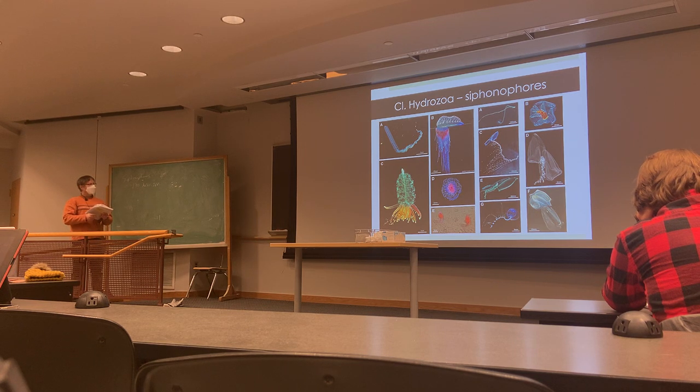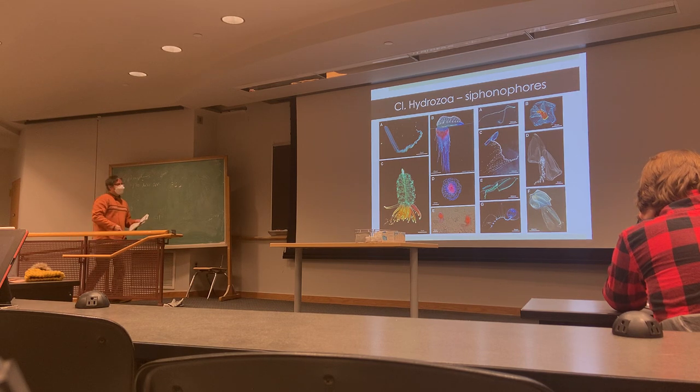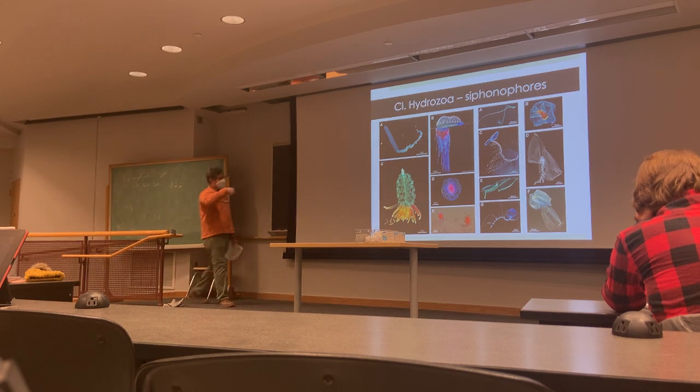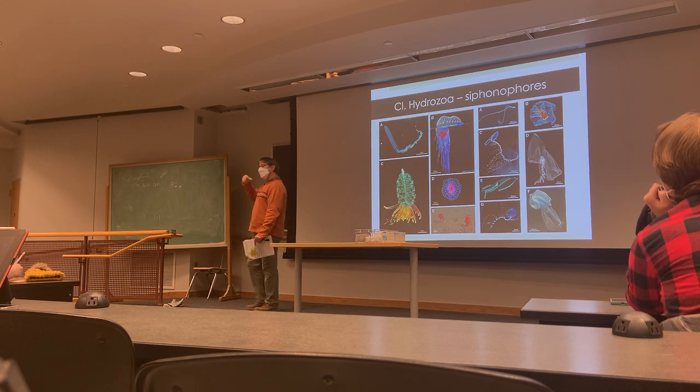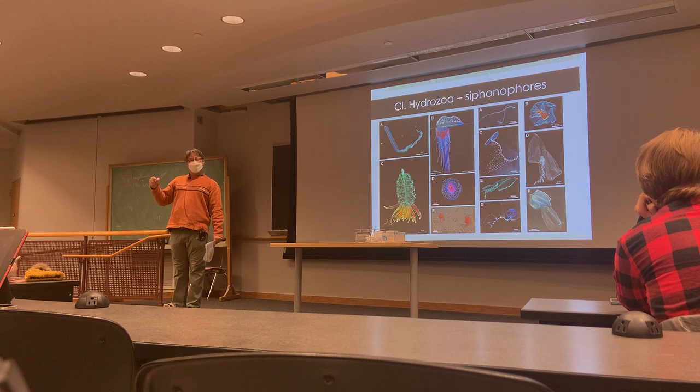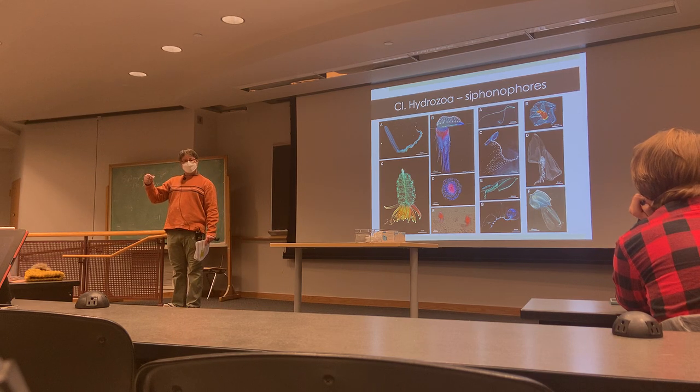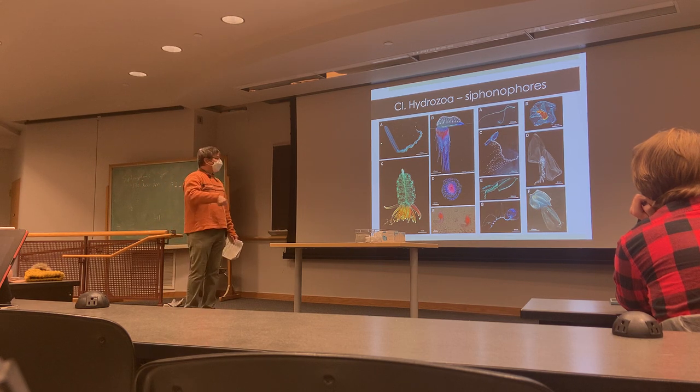We do have preserved specimens in class to be able to look at. These colonies of individuals are developed from the budding of polyps and the production of medusoid individuals that all then serve a particular function.